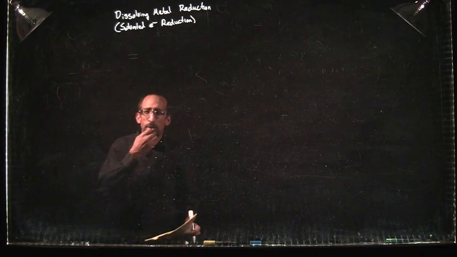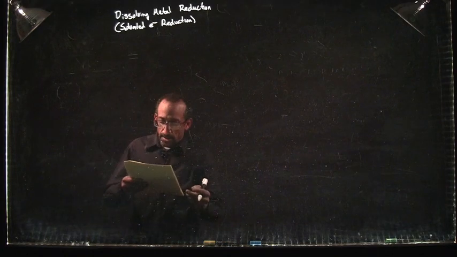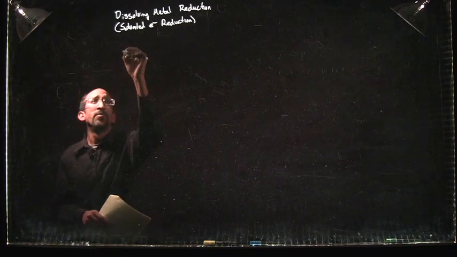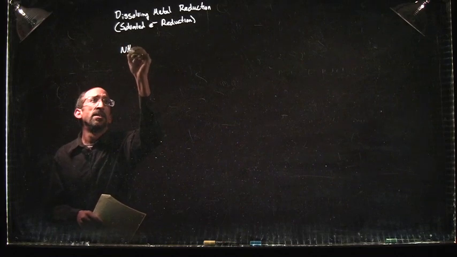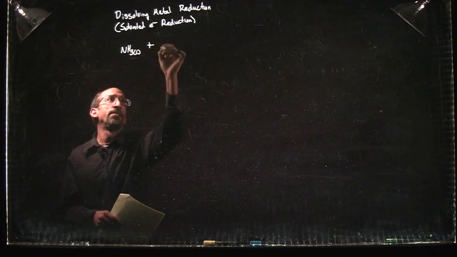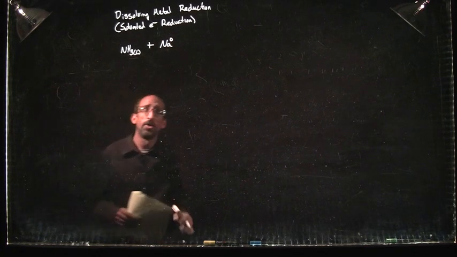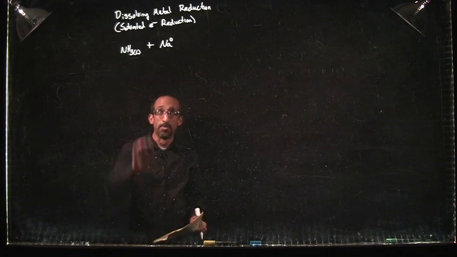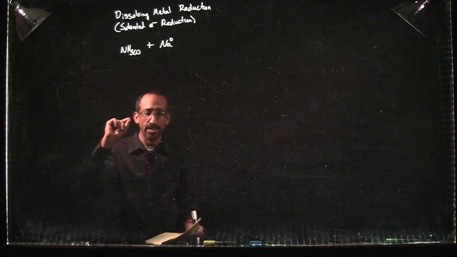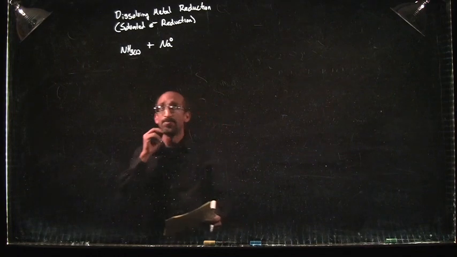So when we do this reaction, the first thing we do is we take liquid ammonia and we combine that with sodium metal, right? So this is sodium metal, with that little 0 there to indicate that it is the metal and not a cation of the metal.